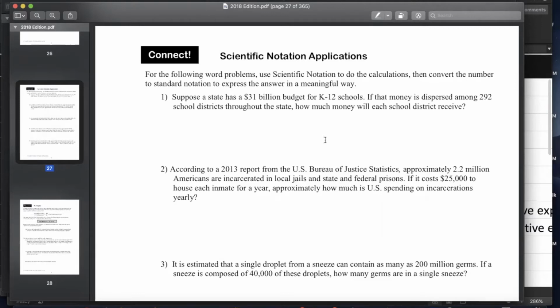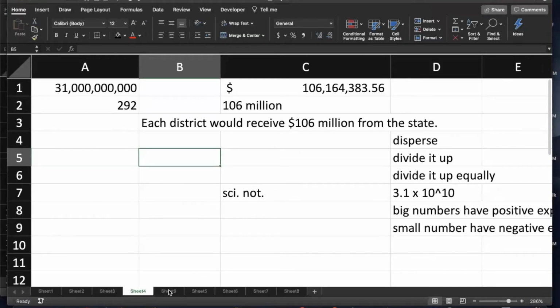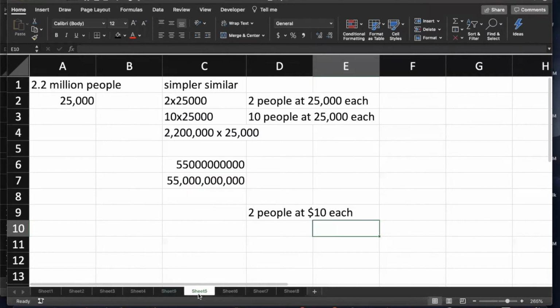Okay, the second question I also like is, again, a very topical issue about incarceration, and the criminal justice problems and reforms are connected to this. It doesn't have anything about criminal justice problems in this question, but it does kind of hint at it, because if we take 2.2 million Americans and each one of those people costs $25,000 to incarcerate, that's going to lead us to a pretty big number.